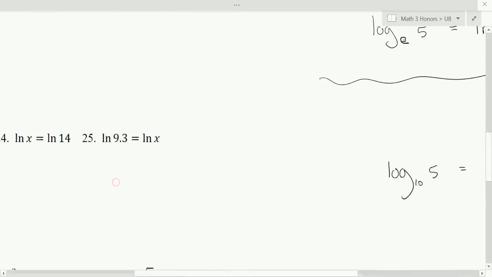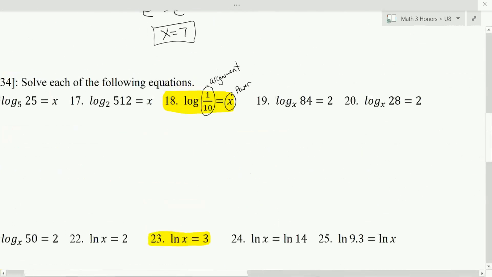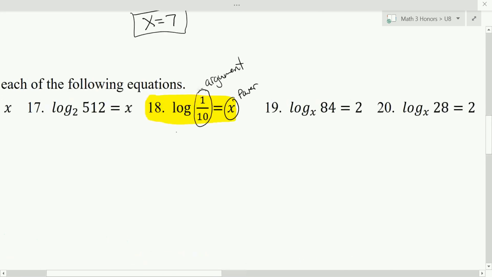So back to this problem. Now we know our base is 10. That's the default, or the common base.